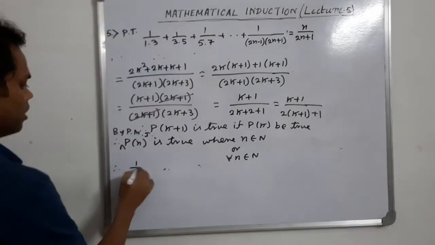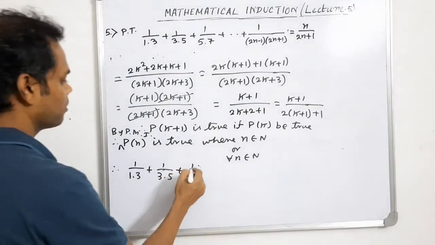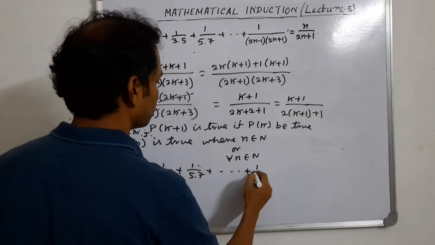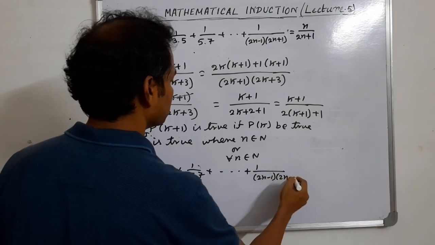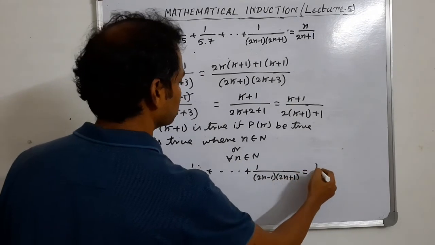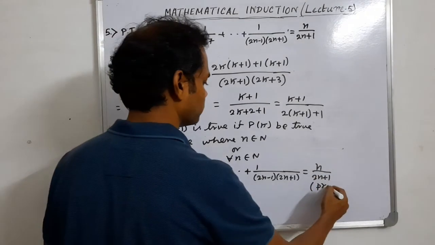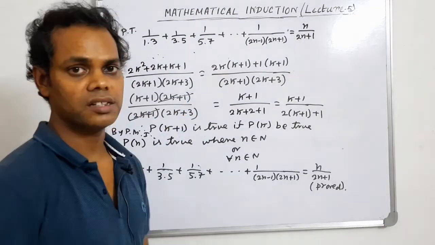Therefore 1/(1·3) + 1/(3·5) + 1/(5·7) + ... + 1/((2n minus 1)(2n plus 1)) equals n by 2n plus 1. Proved. In the next video we discuss another sum on this topic.